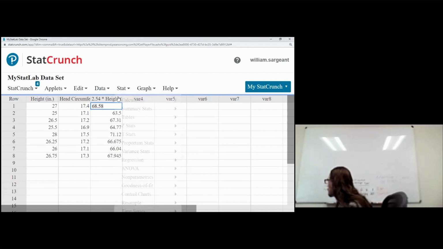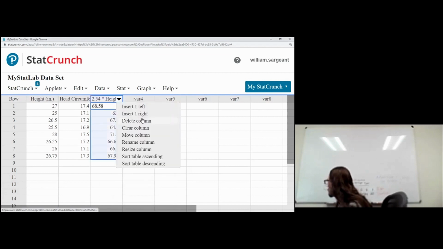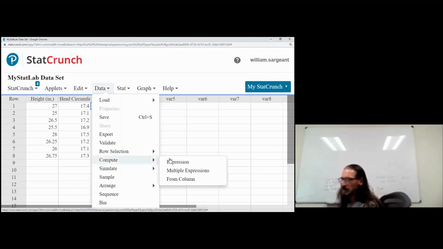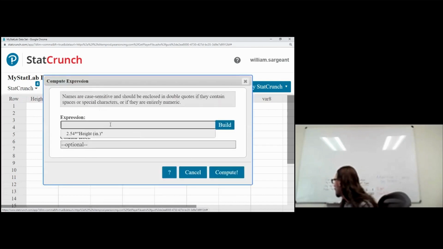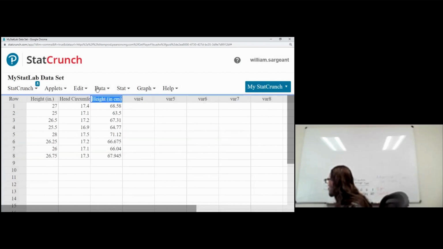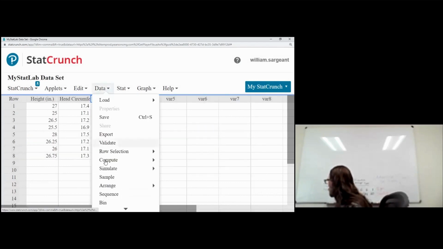So now I'm going to do a similar thing for converting head circumference. To convert that from inches to centimeters, I would multiply inches by 2.54 centimeters per inch. So compute expression.